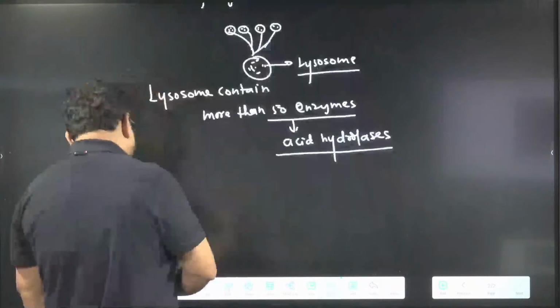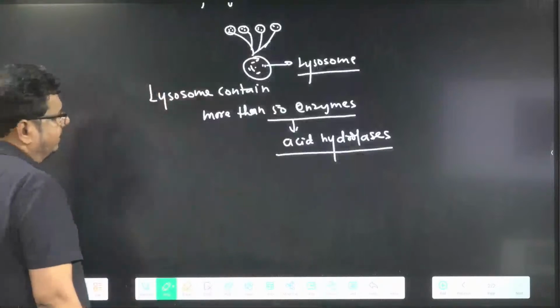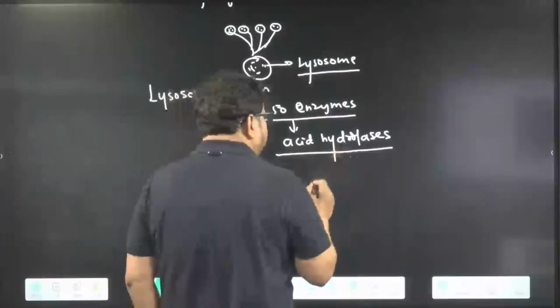So more than 50 different enzymes are present in lysosome, and these enzymes are called acid hydrolases.